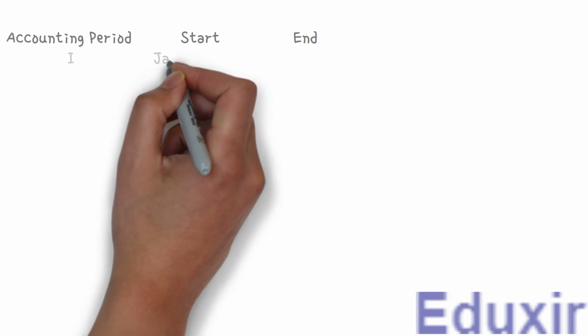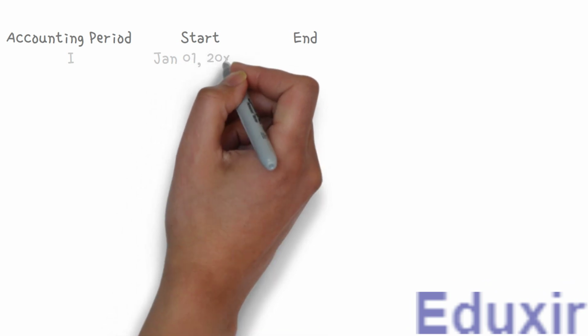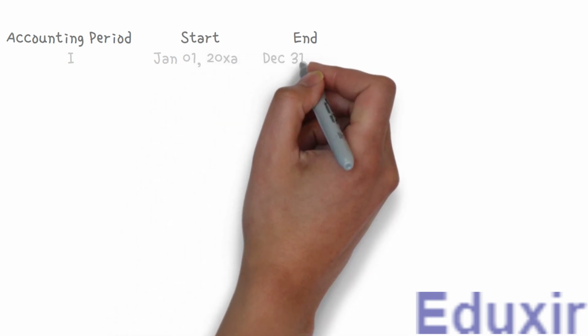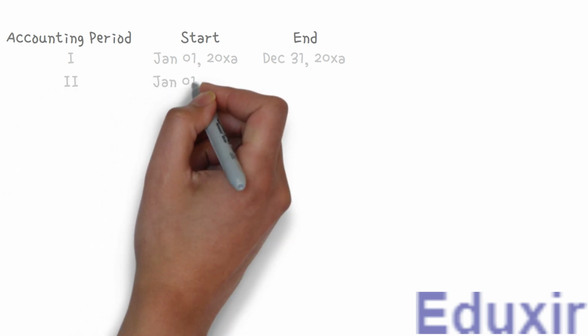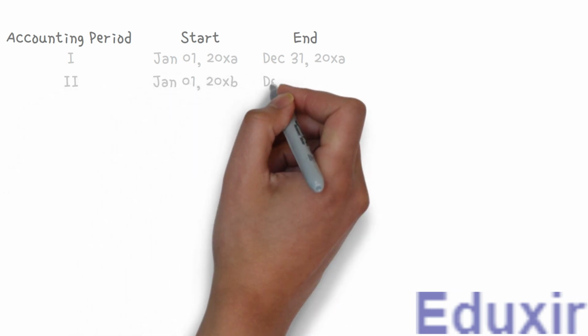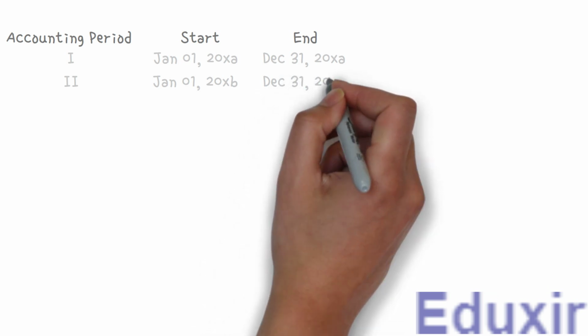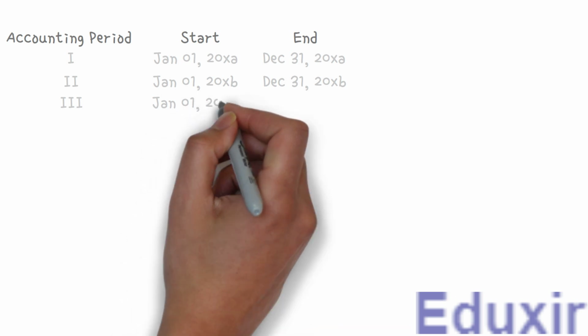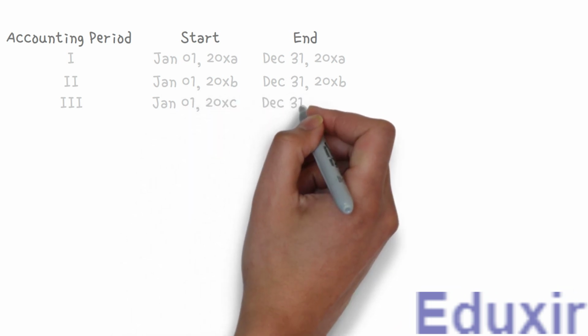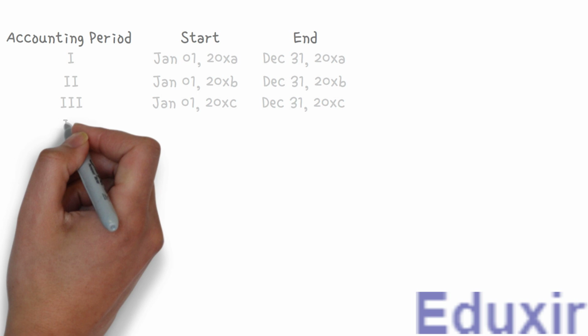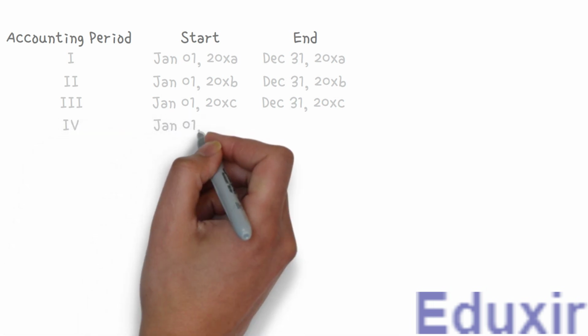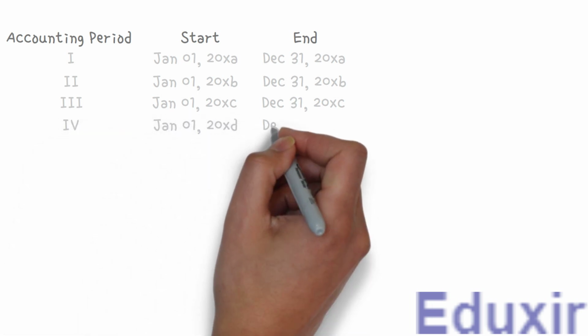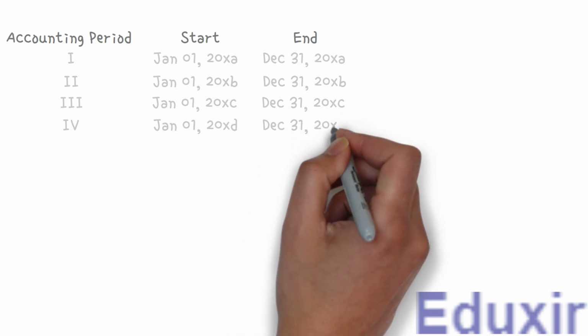The first accounting period starts on January 1st, 2000 XA and ends on December 31st, 2000 XA. The second starts on January 1st, 2000 XB and ends on December 31st, 2000 XB. The third starts on January 1st, 2000 XC and ends on December 31st, 2000 XC. The fourth starts on January 1st, 2000 XD and ends on December 31st, 2000 XD.